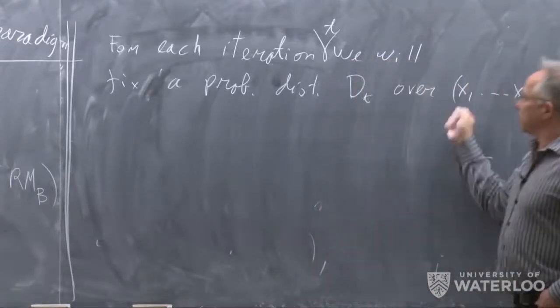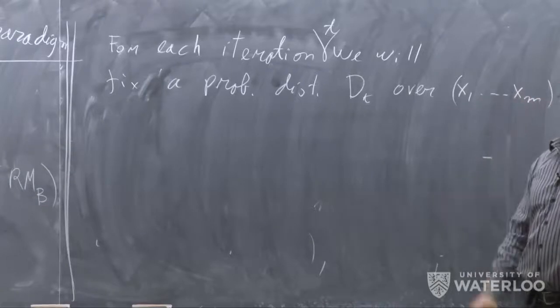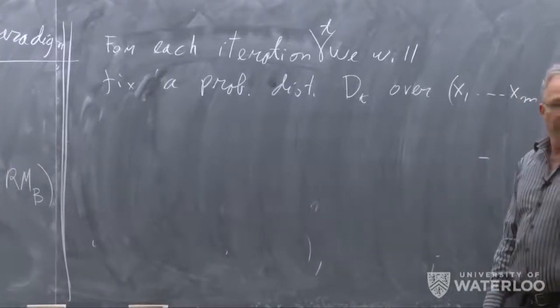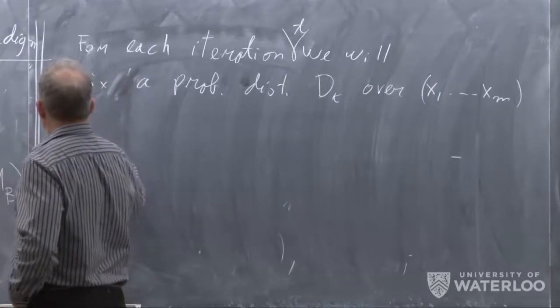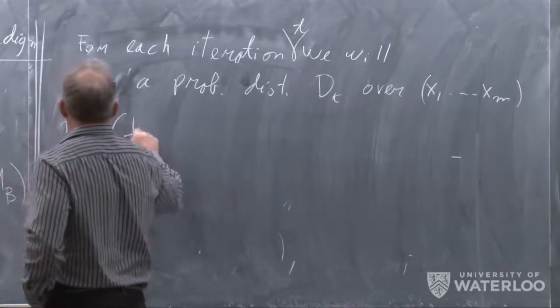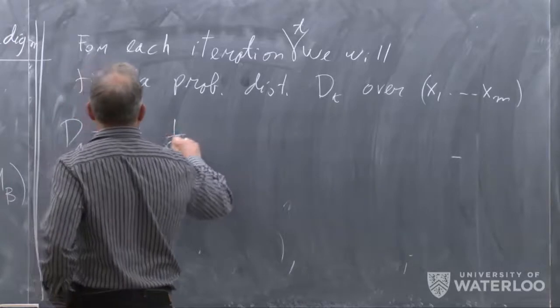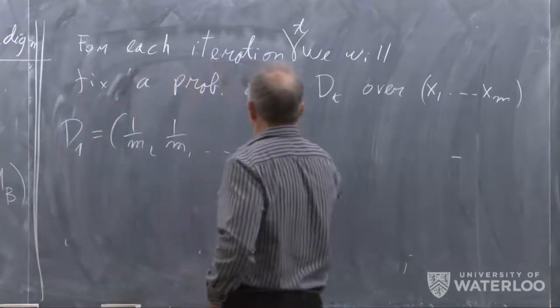We can think of it as the significance of every point. And D1 is just going to be the uniform probability distribution: 1 over m, 1 over m, up to 1 over m.